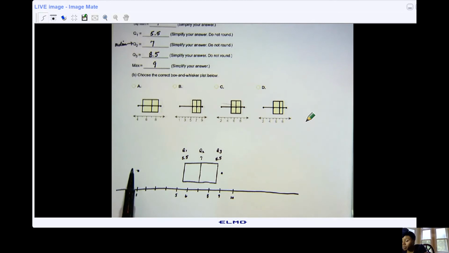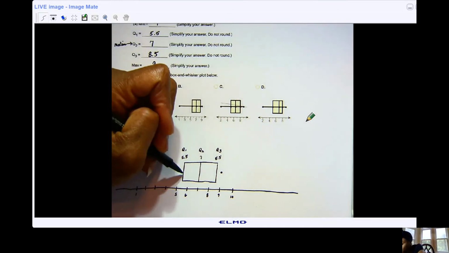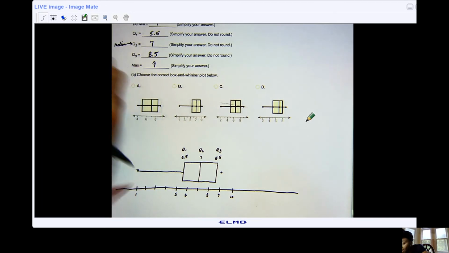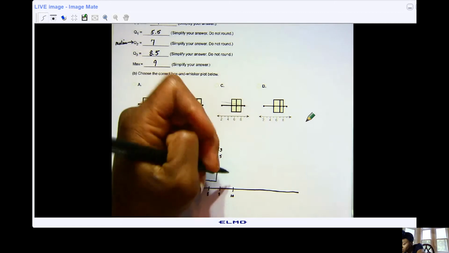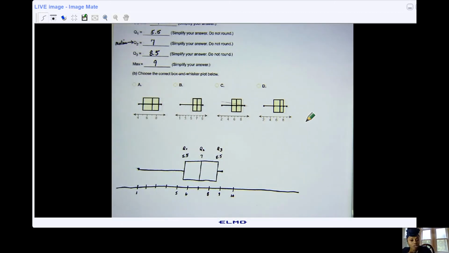And then remember we put dots at the max and min. So then I create a whisker, or segment, a line segment connecting the max and min values to the box. So there's my sketch, and we just need to pick out the correct one.